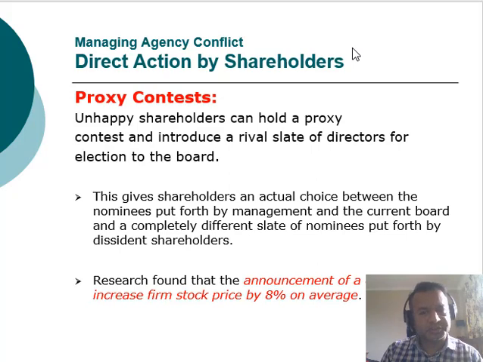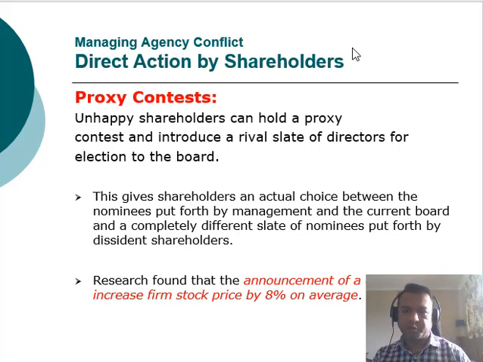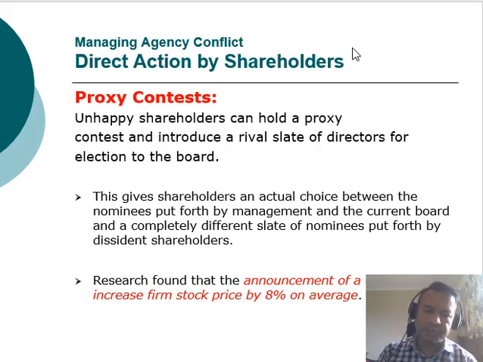Third, the proxy contest, which is a different and very interesting one. An unhappy shareholder can hold a proxy contest and introduce a rival slate of directors for election to the board. This gives the shareholders an actual choice between the nominees put forth by the management and the current board and a completely different slate of nominees put forth by the dissenting shareholders.